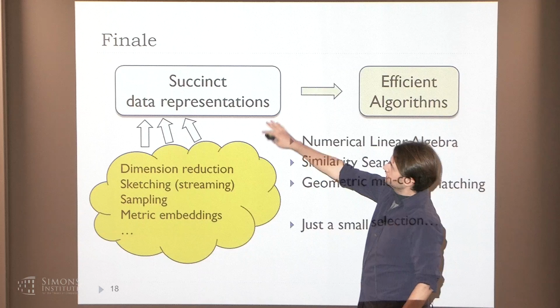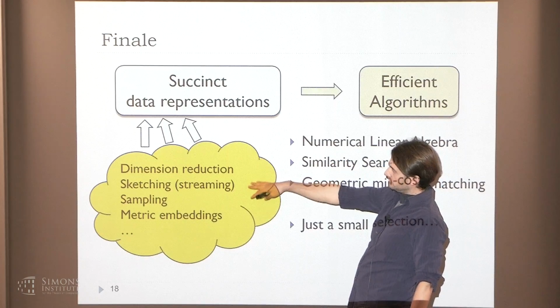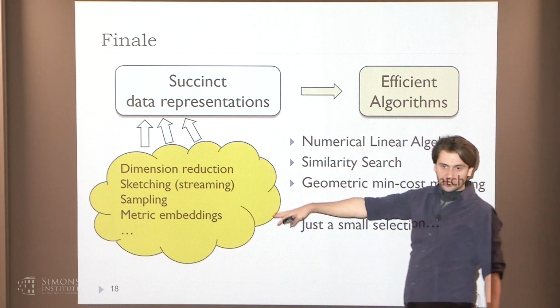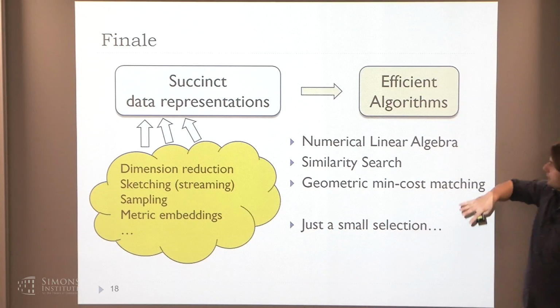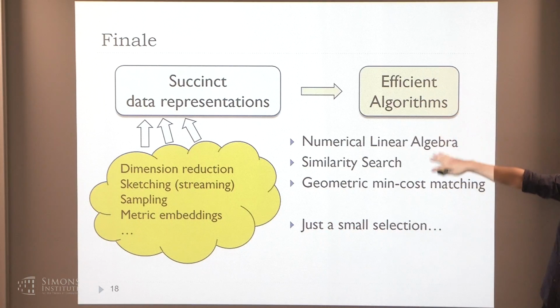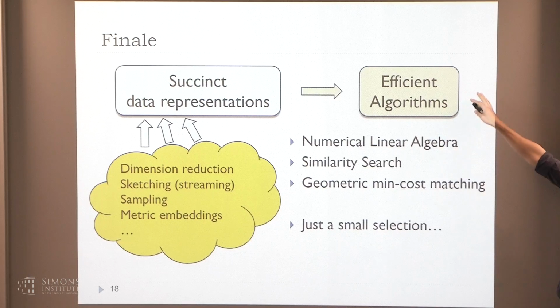There are different ways to get these succinct data representations. I mostly mentioned dimension reduction and sketching, but there are other ways as well, based on, say, metric embeddings or sampling, and to use these succinct data representations to get efficient algorithms. I gave you 3 examples, but this is just a very small selection of the ways that we can use these succinct data representations to speed up algorithms. I'll end here. Thank you.